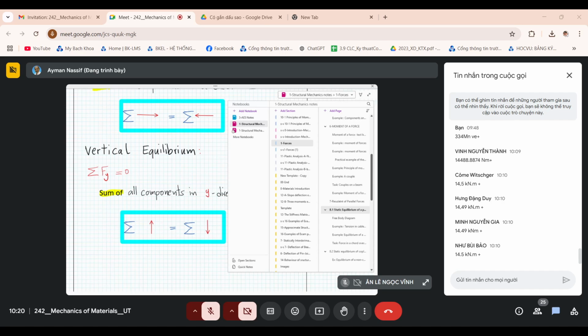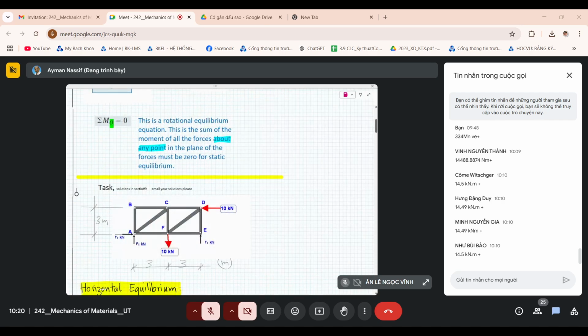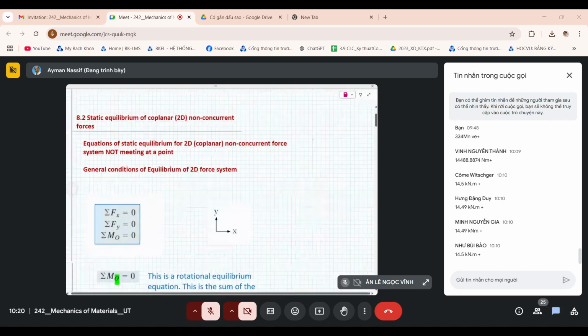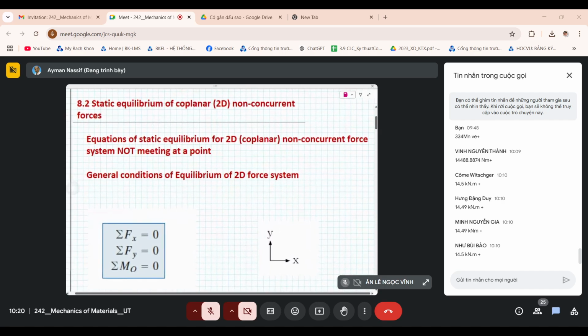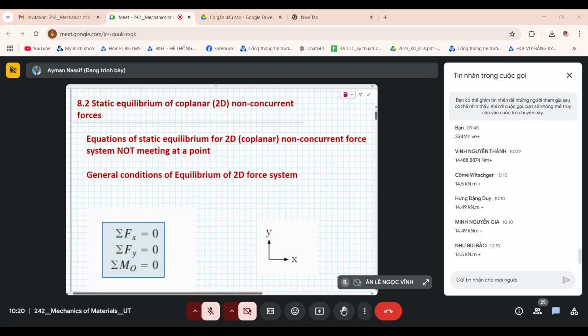So there are many examples, and I think you can find a lot of examples in the textbooks. But the other idea, which is very important for us, and I will give you a little bit of homework to do later, is another idea related to equilibrium, static equilibrium of coplanar two-dimensional forces, but non-concurrent forces, which means these forces do not meet at a single point.